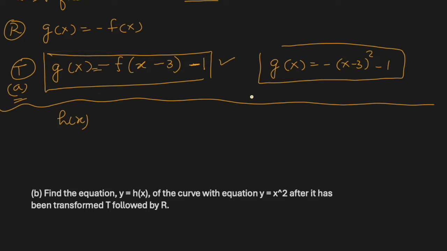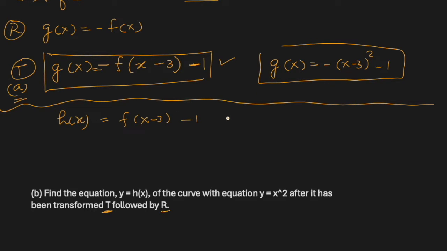Now with equation y equal to x squared, after it has been transformed by T, translation takes place first and reflection takes place later. Normally this does not happen. The sequence is always reflection or stretches first and then translation, but we'll do the opposite one here. So first we will translate: (x - 3) squared minus 1.